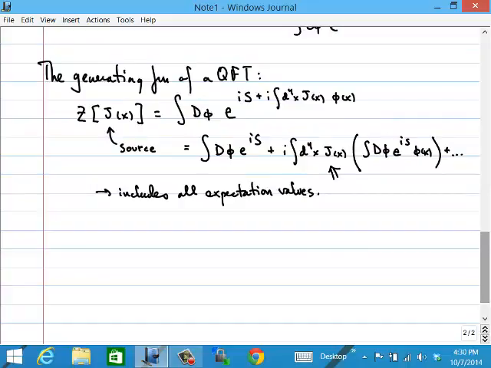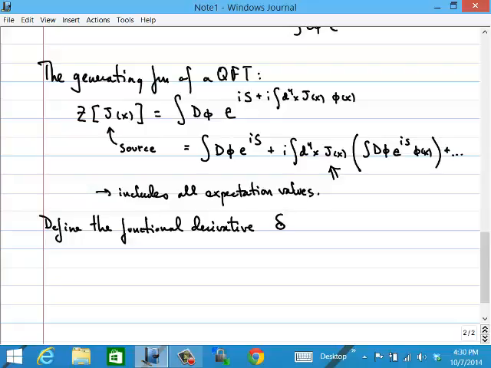So there's a sort of slick language that we use to encapsulate that statement, which is the language of functional derivatives. So in particular, if we define a functional derivative, the functional derivative is supposed to be the natural generalization of the partial derivative to functions.